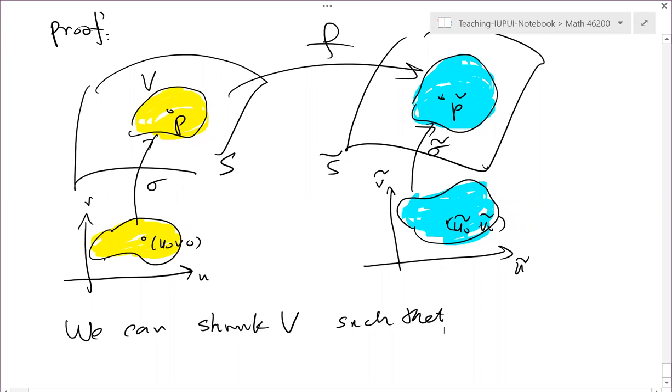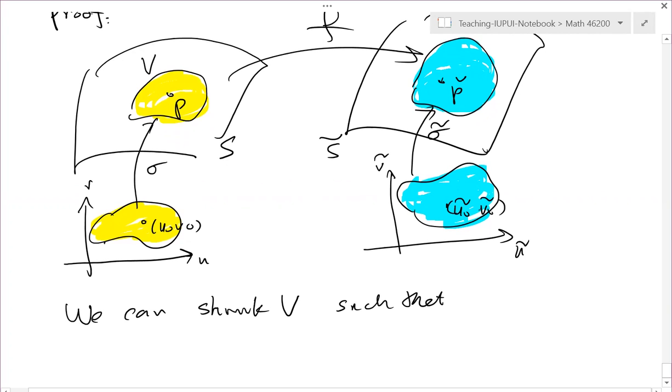First of all, we're looking for a V so that F becomes a diffeomorphism. But right now you take an arbitrary V, which is the image of the surface patch. But we can shrink V such that this V is contained in this yellow, this green one.